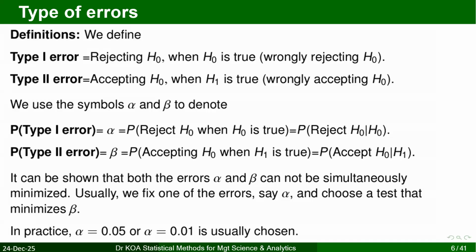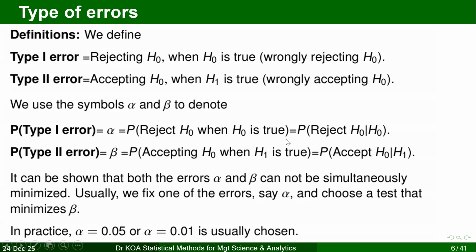A type 2 error is actually accepting a wrong null hypothesis, or a false null hypothesis. So the null hypothesis is false, but you accept it. That's type 2. And we use the symbols alpha and beta to denote them. Alpha is the probability of committing a type 1 error. Beta is the probability of committing a type 2 error. You can see that also here.